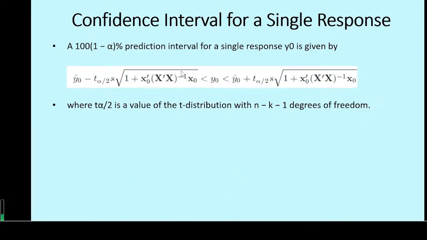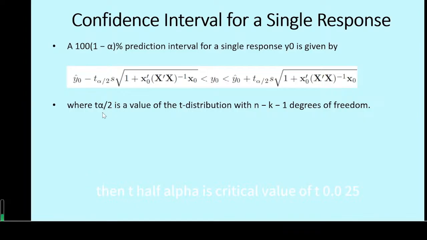And this term is the multiplication of 3 items. The first item is T half alpha. So this is the critical value of the T distribution with n minus k minus 1 degrees of freedom. So for example, alpha is 0.05. So we can say we get the 95% confidence interval, the prediction interval for the single response.